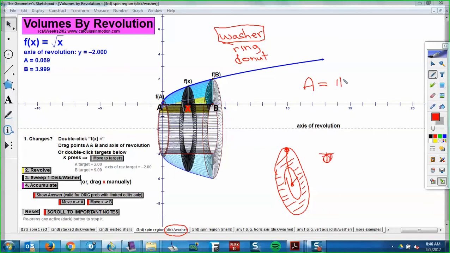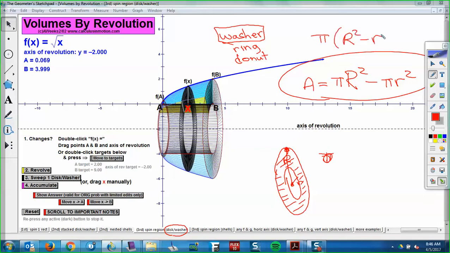We're going to call big R the outer radius, and little r the inner radius, because we've got two circles, an outer circle and an inner circle. So here is the area formula we need for a washer. We could factor out a pi and do big R squared minus little r squared, which is probably what we'll do, because then we can pull the pi out in front of the integral. Okay? So, back to our notes.